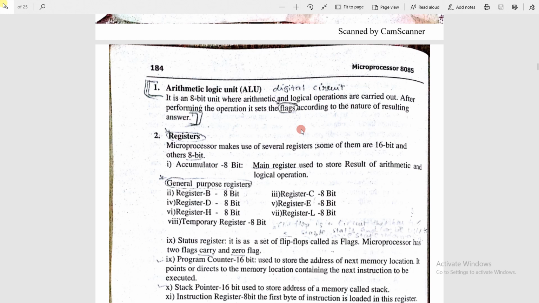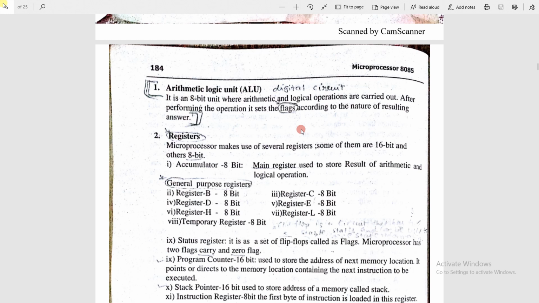Second is registers. Registers are used to store data. These registers can be of 8 bits or can be of 16 bits. Some registers can store 8-bit data. Some registers can store 16-bit data. One of the registers is accumulator.